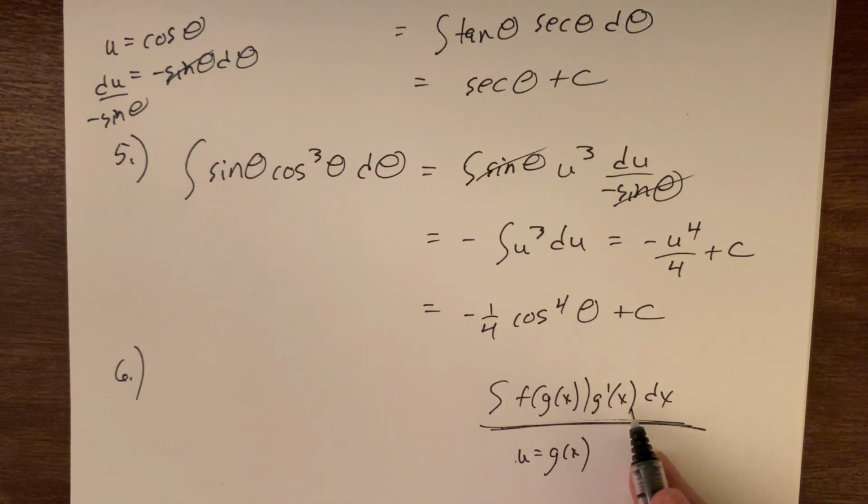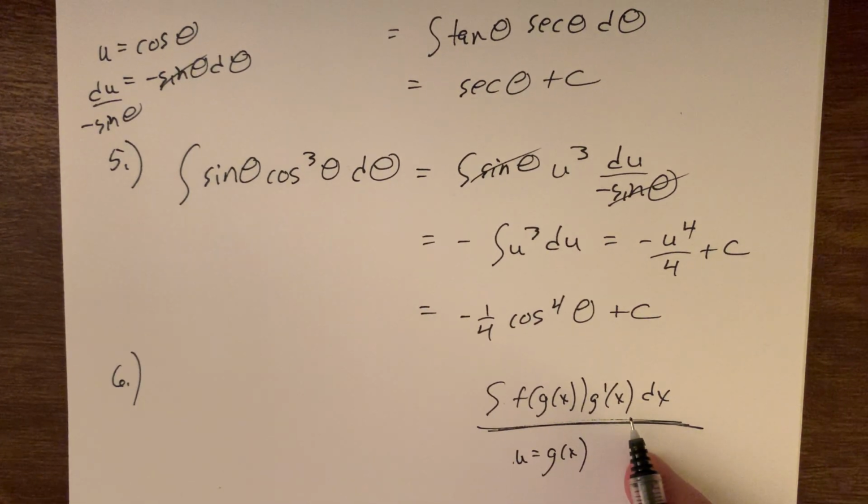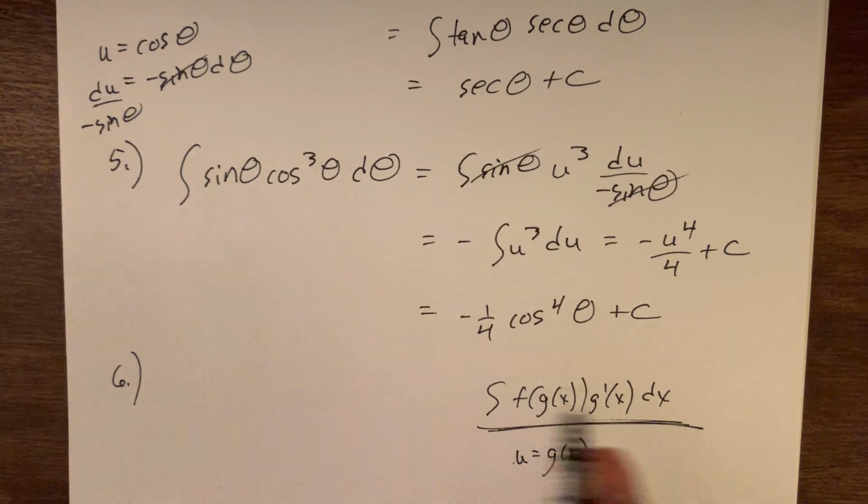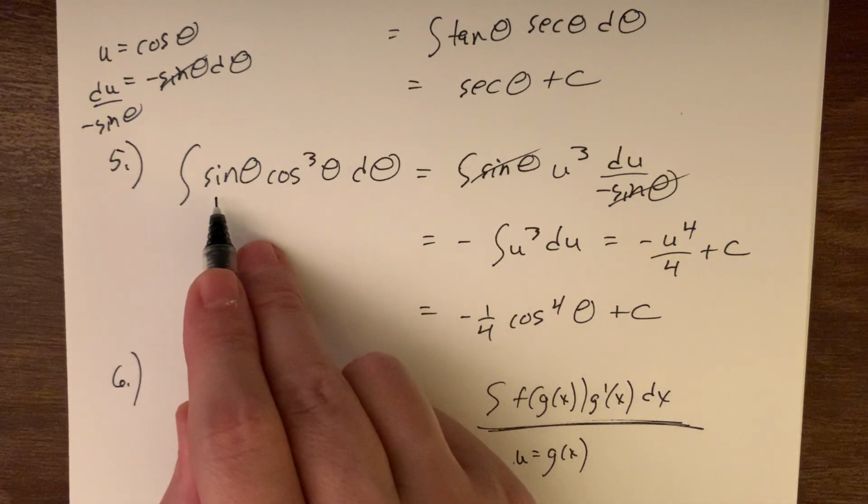So that was always our motivation. How do we make good choices for U? Well, other good things have to happen, but definitely when you see the derivative of that U, that is a good choice. And that's exactly what we have here.